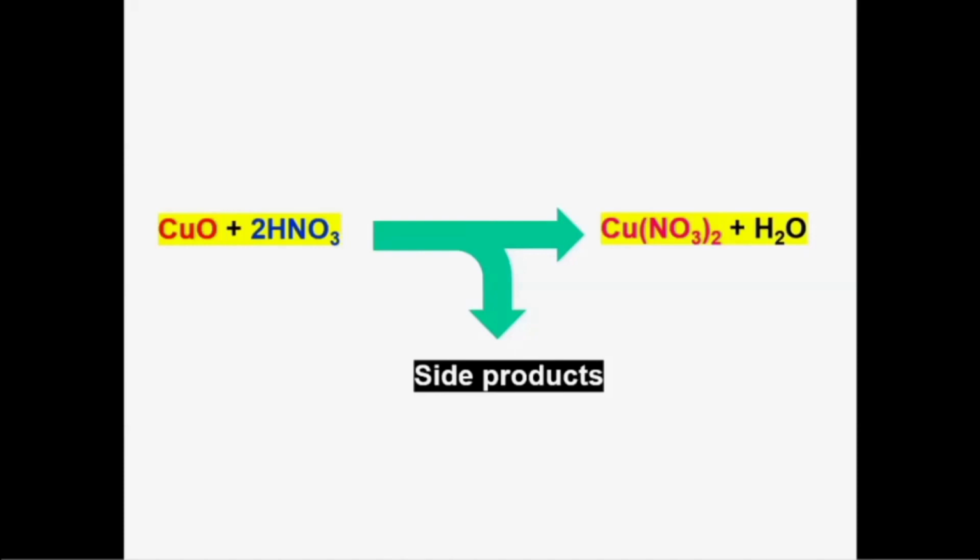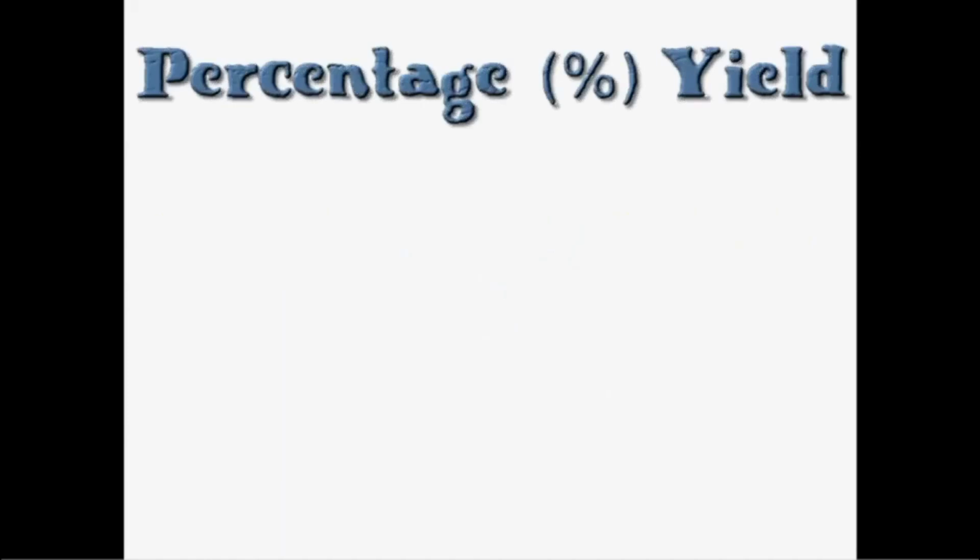So the actual yield and the theoretical yield are different in terms of the values or quantities.